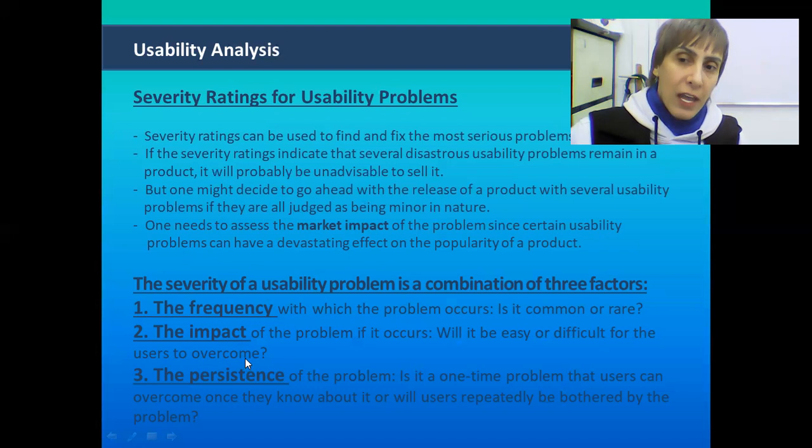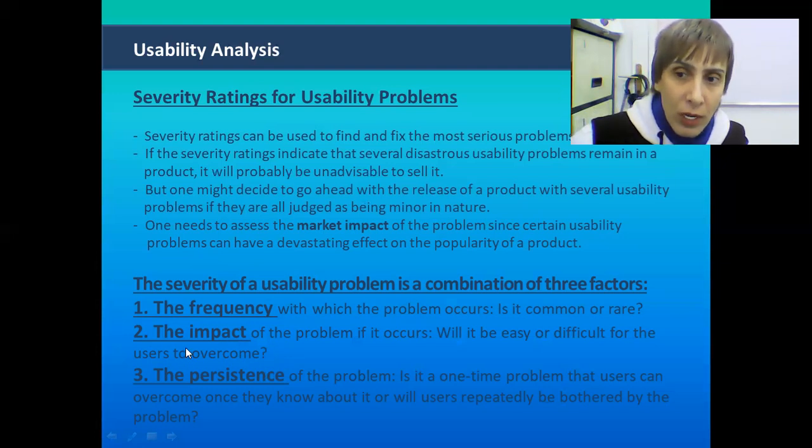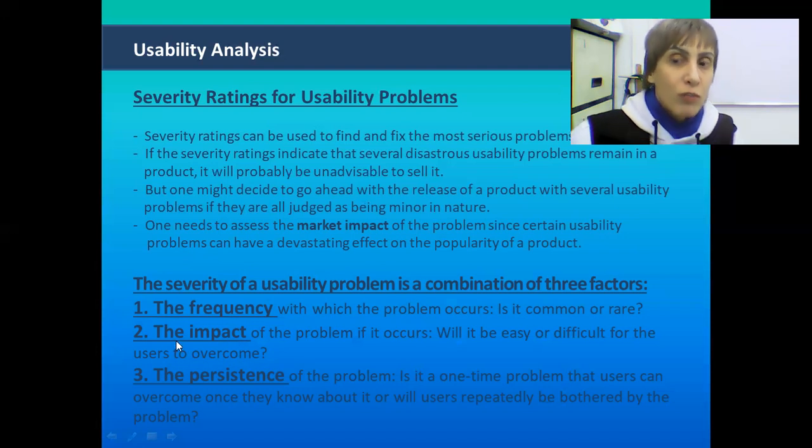Then you need to think, okay, it happens a lot of times, but what is the impact? What happens when this problem occurs? Will the person who's using it die? Get injured? What will happen? So that is the impact of the problem. If the impact is really an injury or something like that, then you have a big problem at hand, okay?